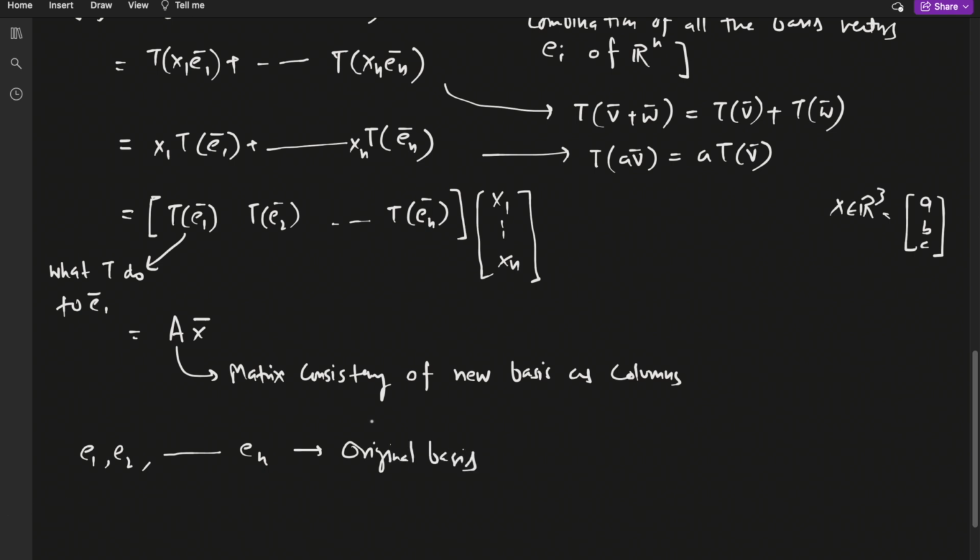Then we applied the linear transformation T, and now the new basis is T(e1), T(e2) up to T(en).